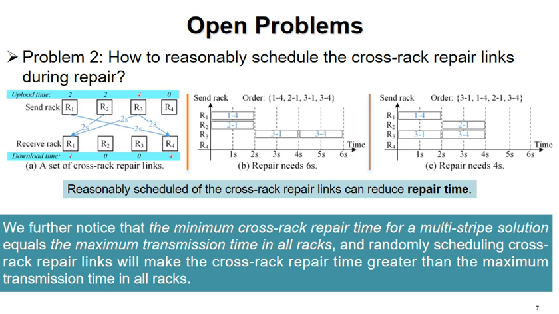As a comparison, in Figure C, we launch the congested link R3 to R1 at the beginning, so it only needs 4 seconds. We further notice that the minimal cross-rack repair time for a multi-stride solution equals the maximum transmission time in all racks, and randomly scheduling cross-rack repair links will make the cross-rack repair time greater than the maximum transmission time in all racks.